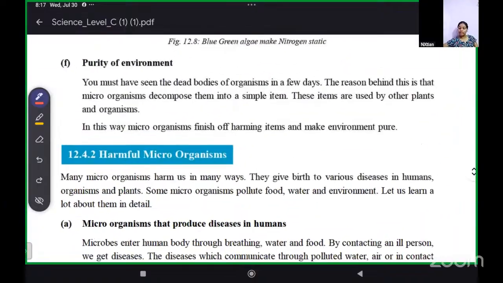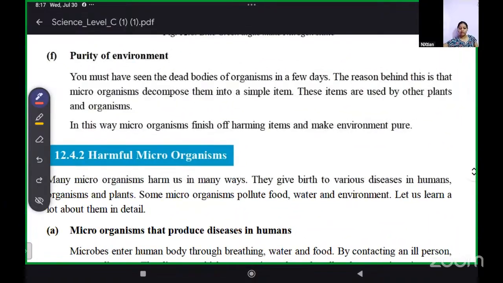Then we have purity of environment. You must have seen the dead bodies of organisms disappear in a few days. The reason behind this is that microorganisms decompose them into simple items, and they're used by other plants and organisms for nutrition. Bacteria and fungi attach themselves to the dead plants and animals and break them down, and the remains are mixed with the soil.